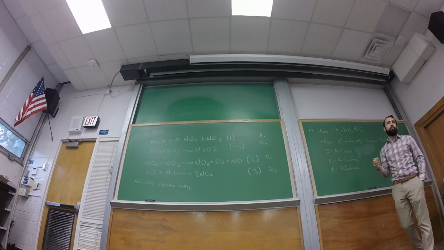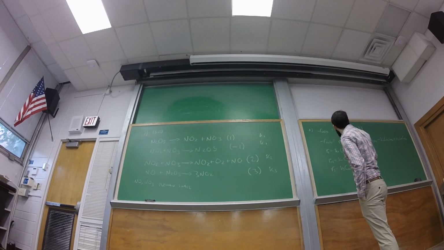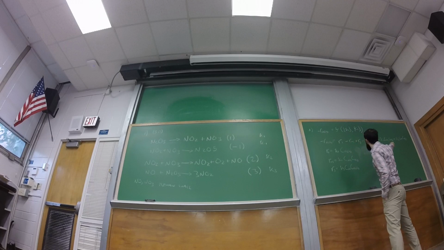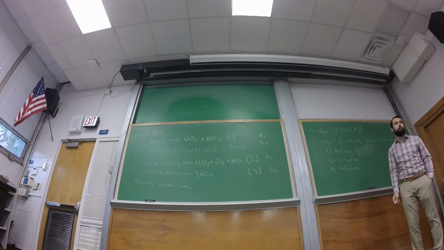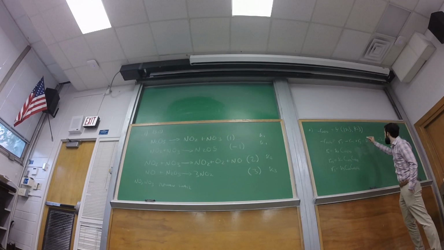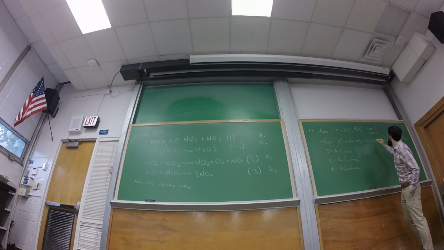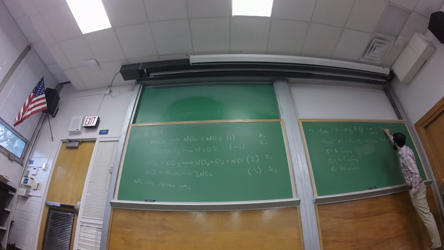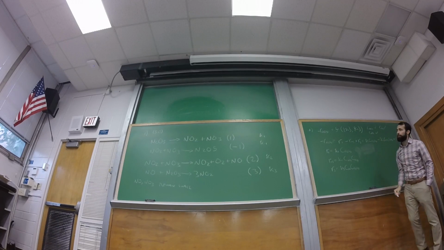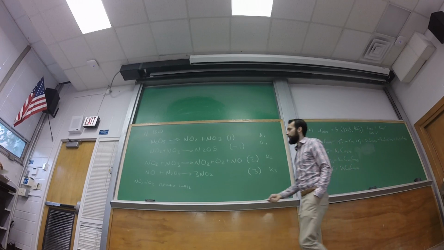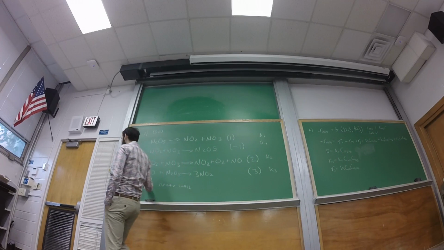So, which species can I leave in my final form? Anything but... Right, so the concentration of N2O5, that's okay. The concentration of NO2 is okay. And the concentration of O2 is okay. But I can't put in the concentration of NO or NO3.